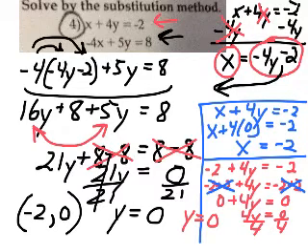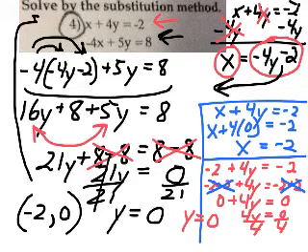So now we've got to stick these back in our original equation. We might as well go all the way up here to do that. So if x is negative 2, we've got negative 2 plus 4 times 0, which is 0, equals negative 2. Alright, that works in that one. Alright, let's try in the other one.